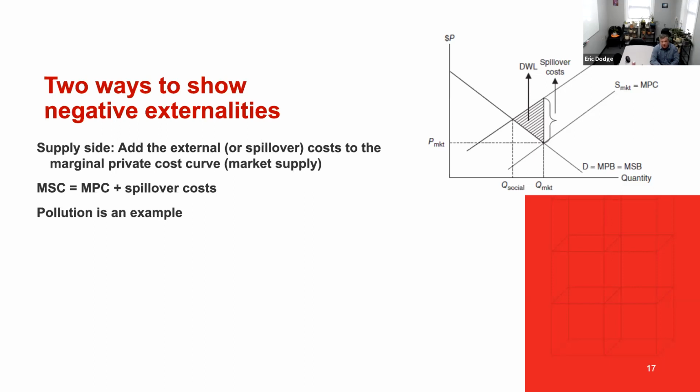But the market has no incentive to incorporate those costs. Because they're not incorporated, you get this triangle of deadweight loss. So I say to my students, when you have a negative externality, the market produces too much of a bad thing.